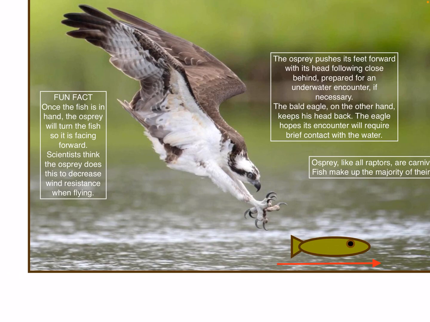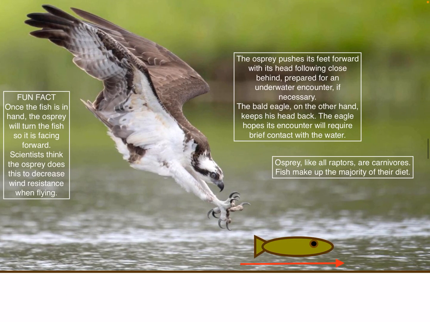Scientists think the osprey does this to decrease wind resistance when flying. So here's this bird flying, and now he's got this potentially heavy fish in his talons, and he needs to be flying with the least amount of wind resistance that he possibly can. So facing forward seems to be the best position to put that fish in.